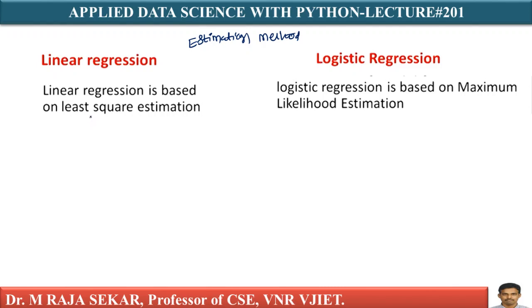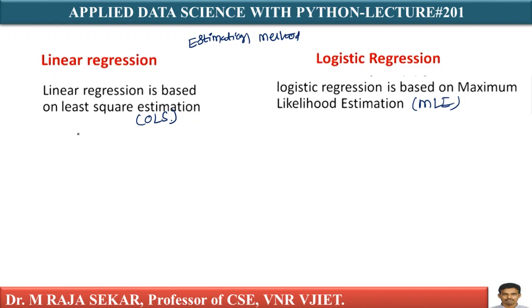Another important difference: linear regression is based on least square estimation, that is, OLS, ordinary least squares. Whereas logistic regression is based on MLE, maximum likelihood estimation.